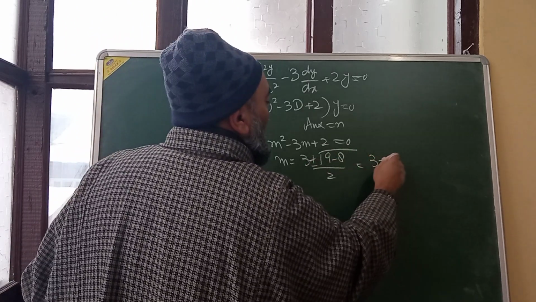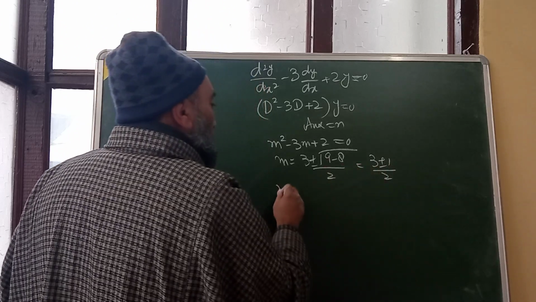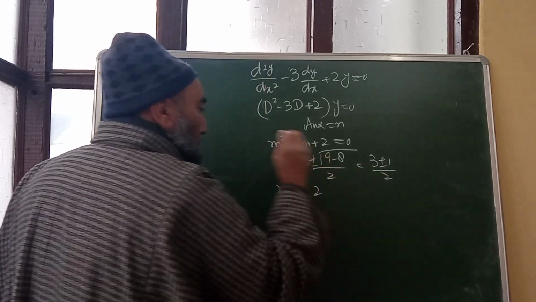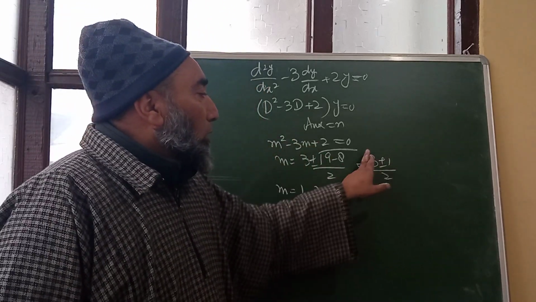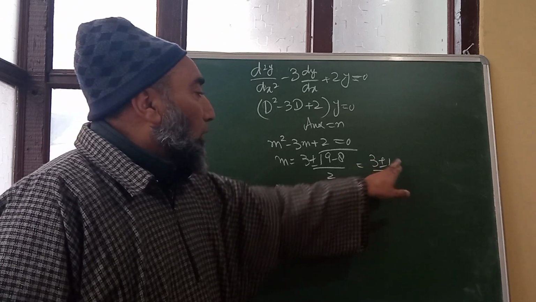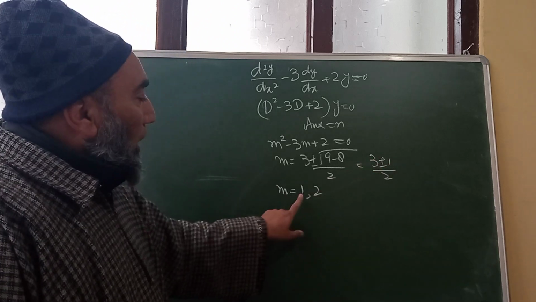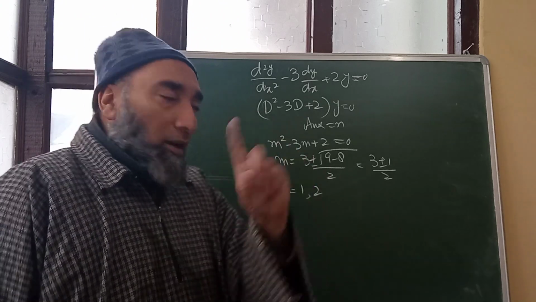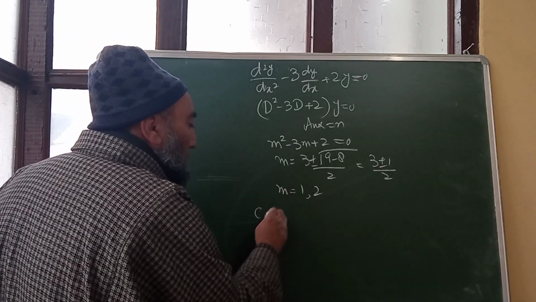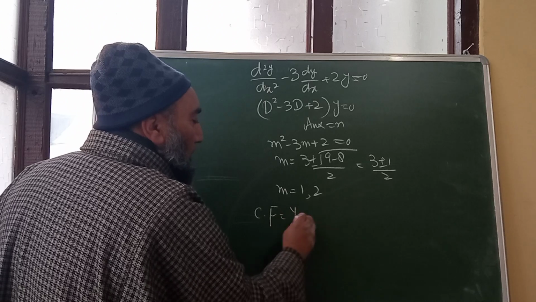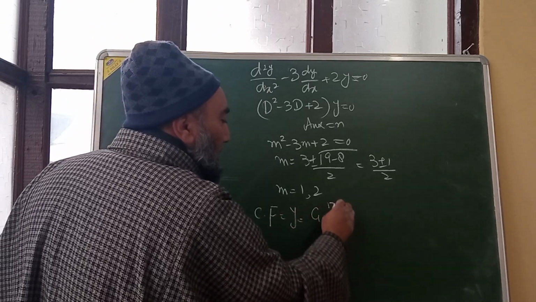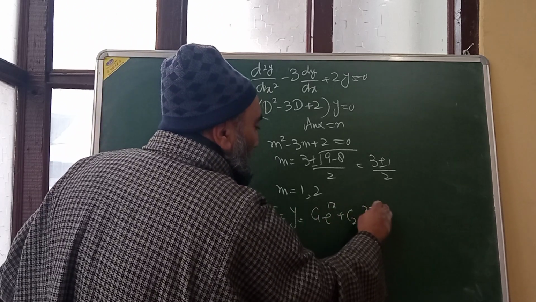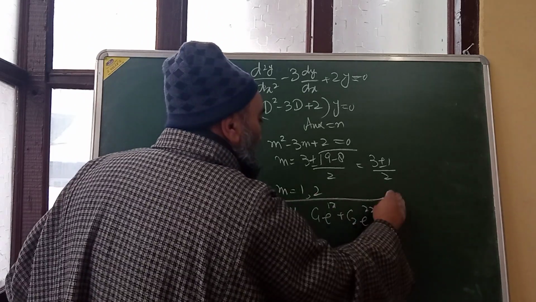So it is (3 plus minus 1) by 2. 3 minus 1 is 2, 2 by 2 is 1; 3 plus 1 is 4, 4 by 2 is 2. So your m is 1 and 2. Roots are different and real. So what is the complementary function? y is equal to c1 e raised to the power 1x plus c2 e raised to the power 2x. This is the solution. Very easy.